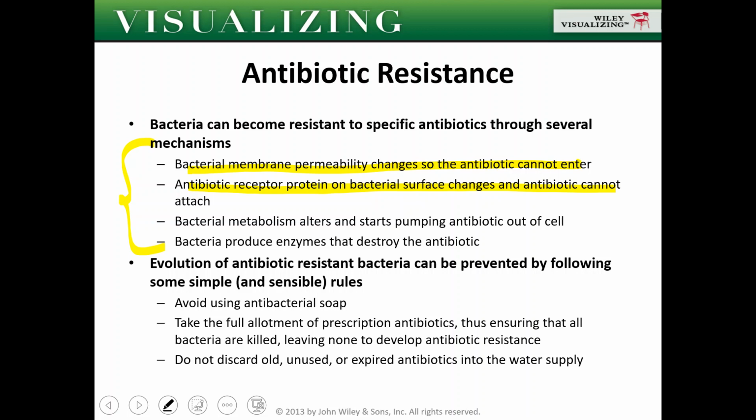Well, they will, but we have to make sure to minimize the development of antibiotic resistance. So we shouldn't use various antibacterial wash products. If we are prescribed antibiotics, we should take a full course, the full allotment, so all bacteria are killed, and not discard old antibiotics into water. Basically, discard them properly.